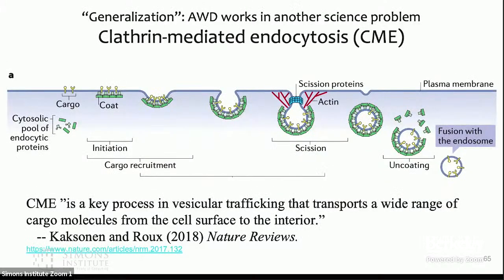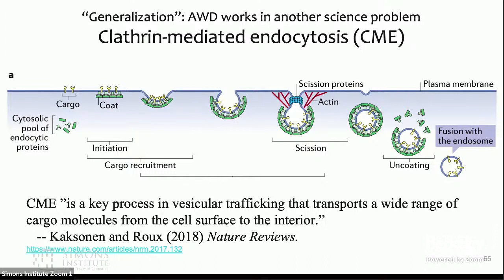And then we're also working with cell biologists on a different problem, which is how do we observe this process? It's quite amazing, this is now cell biology, how the cells get food into the cell. So this horizontal line is the cell membrane.